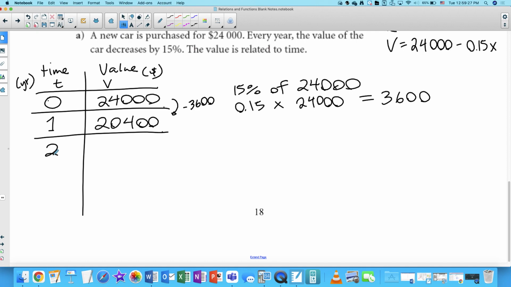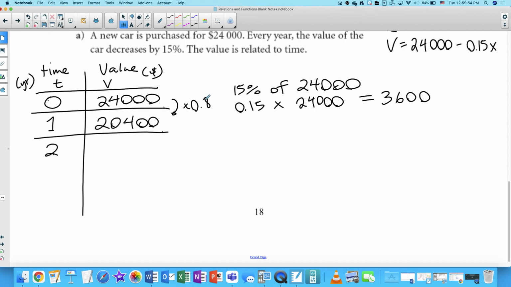The first year it would retain 85%. If it's losing 15% of its value, it's retaining 85% of its value. So instead of doing this, what it's going to be worth the next year is 85% of what it was worth the year before. So this is actually times 0.85, right?